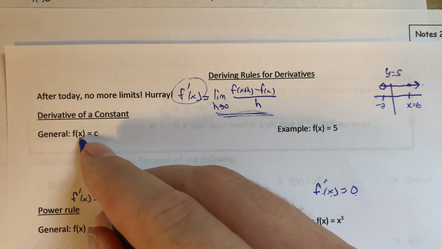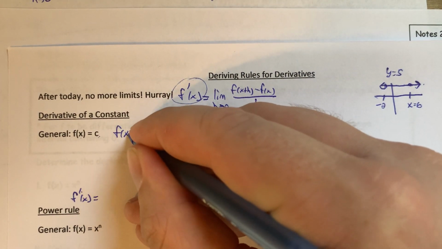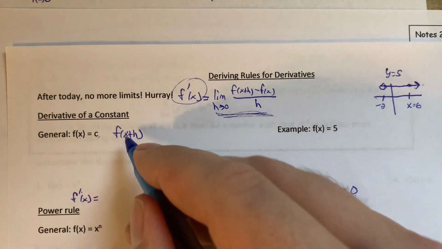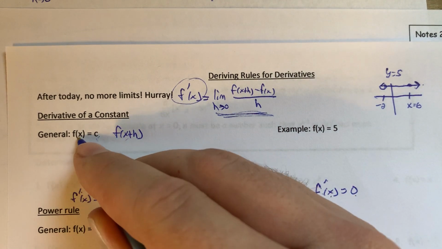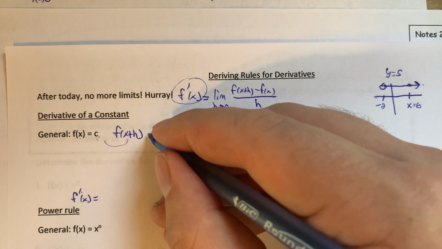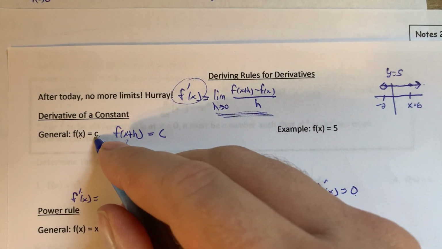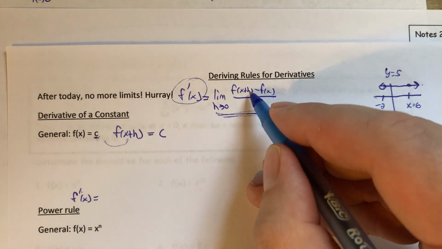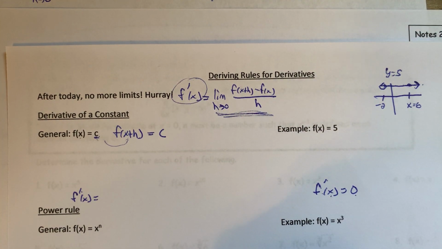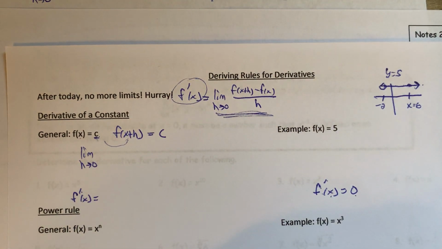For this one, if f of x is a constant, then what is f of x plus h? Well, we plug in x plus h where x is, but there are no x's here, there's only a constant. So f of x plus h is equal to c also, because there's nothing to plug x plus h into. It's just equal to whatever's there. So let's use this formula. It's the limit as h goes to 0 of what?